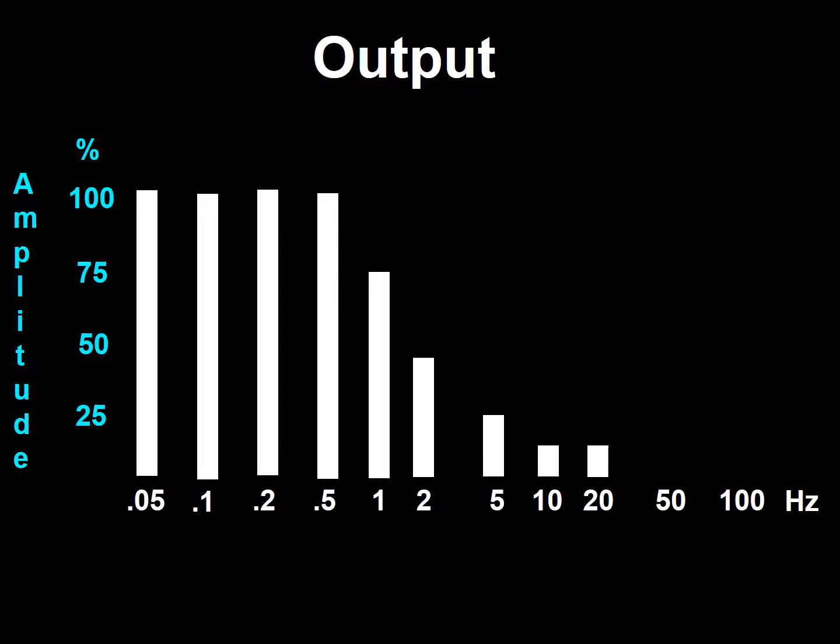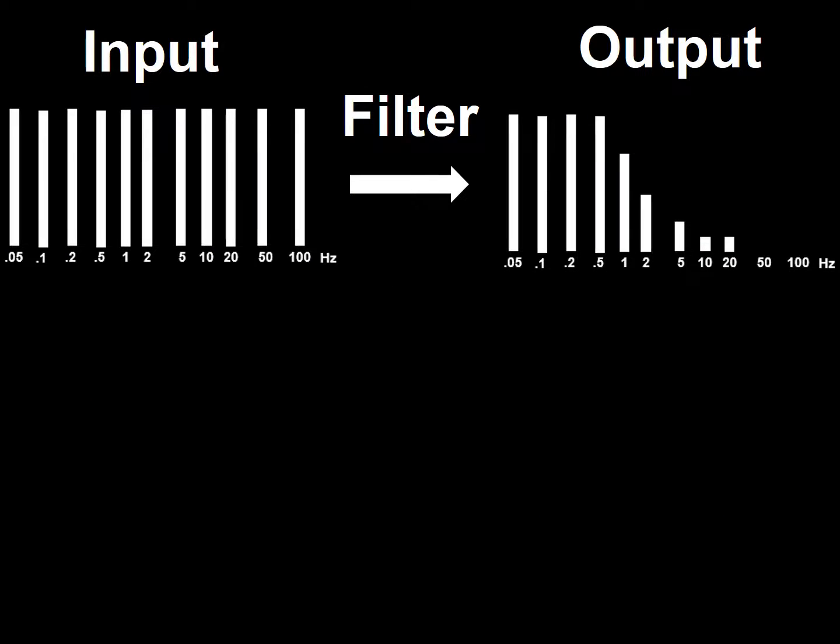This being the case, the activity coming out of the filter should reflect the effects of the designated attenuation, and its plotting would look as depicted in this frame. In this frame, I have presented the input and the output of a filter with the characteristic just described.